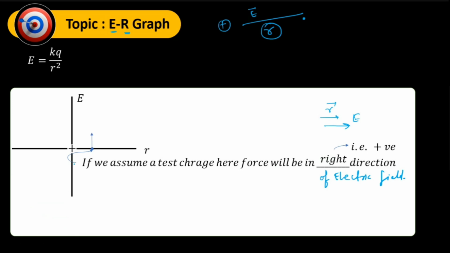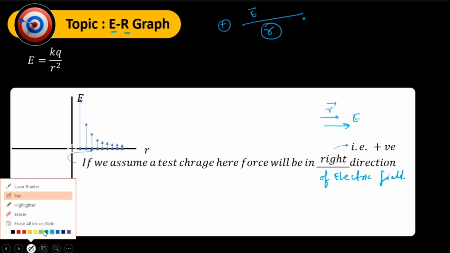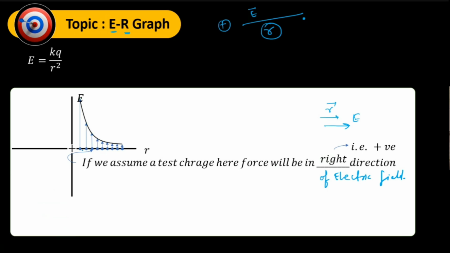So if there is a positive charge and it is placed this way, as the distance decreases, the electric field increases, but as the distance increases, the electric field decreases. This is what we saw as the graph, or the variation between electric field and R.